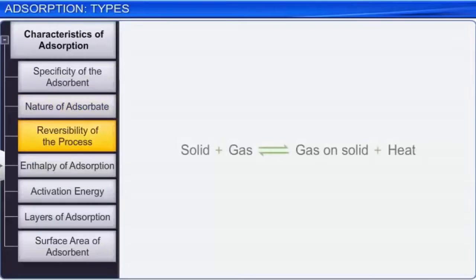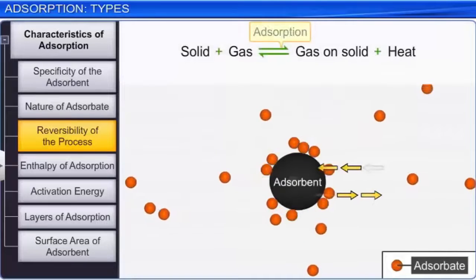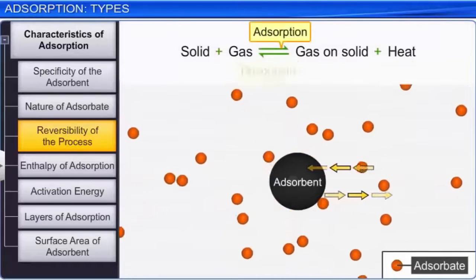Let us now discuss the reversible nature of the process. Like any other equilibrium, adsorption is a process involving true equilibrium, with adsorption on one side and desorption on the other.